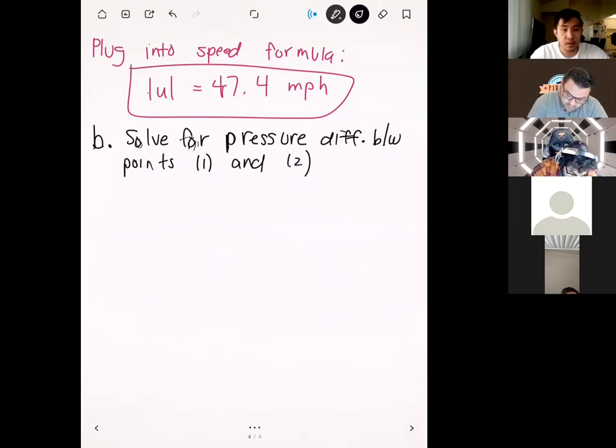Okay. And so anytime you see a question on pressure difference in potential flow, you're going to have to use Bernoulli, right? And so remember in Bernoulli, we have to make our 4 assumptions, but for potential flow, we have those 4 assumptions satisfied, okay? And so let's just simply apply Bernoulli here.